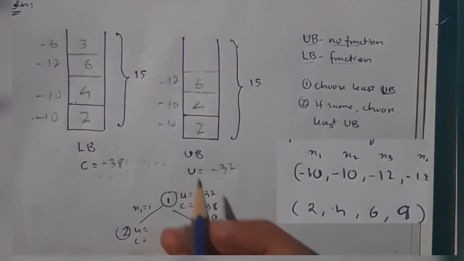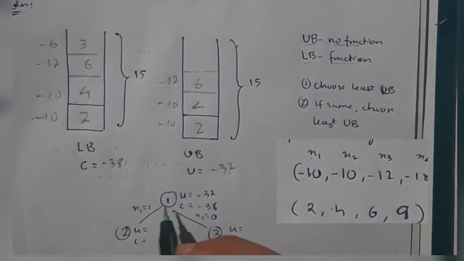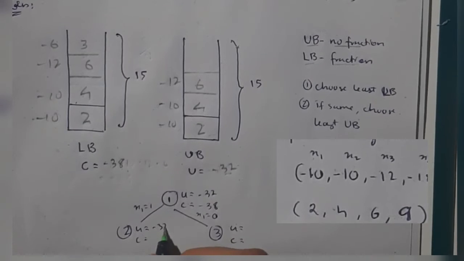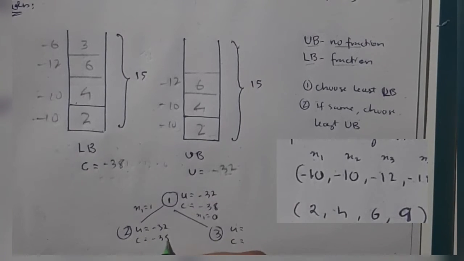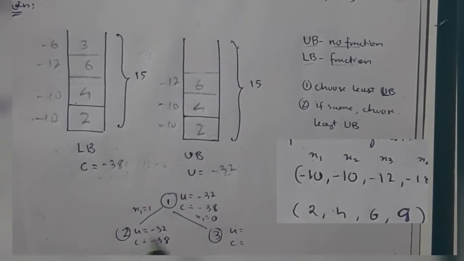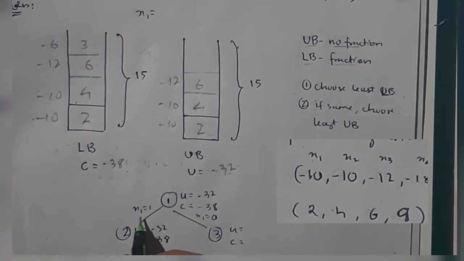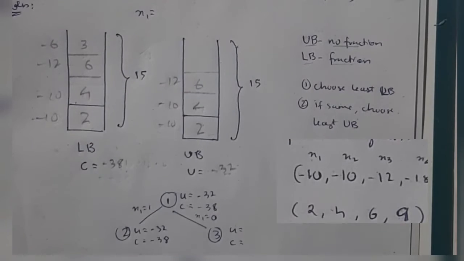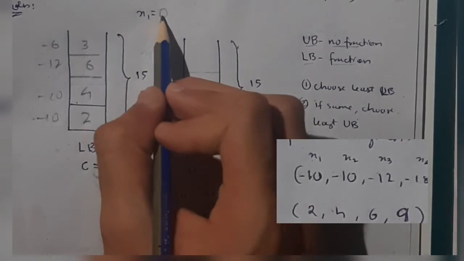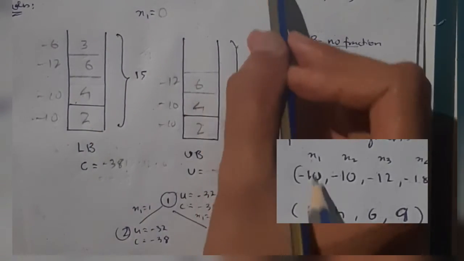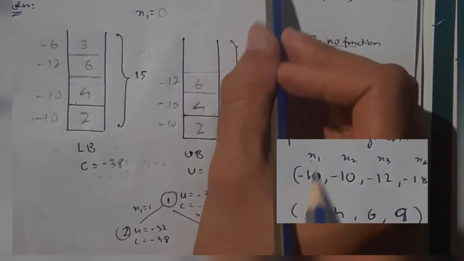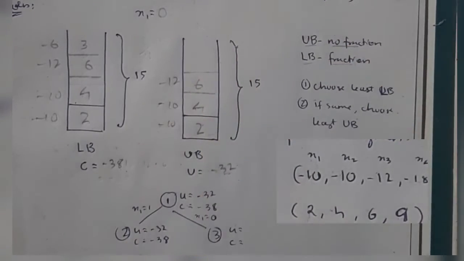After we get C and U, we note them down in the state space tree: U is minus 32 and C is minus 38. Now we'll do the same thing for this one also. In the first case we had included x1, now we'll be excluding x1. That means compulsorily we have to exclude x1. We'll not include this object; we'll start from 4.